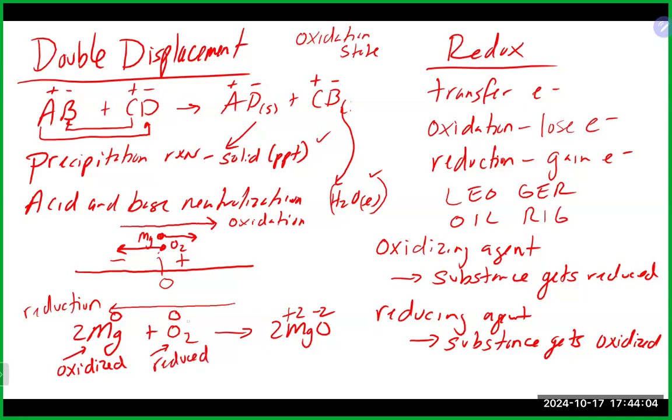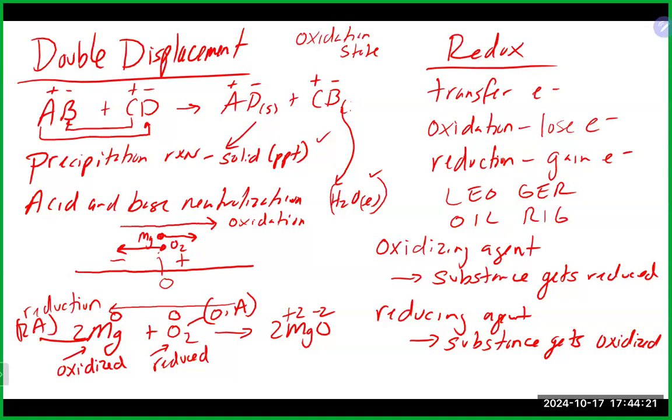That would mean in this example, our O2 is our oxidizing agent, as that is the substance being reduced. And the magnesium is our reducing agent, as that is the substance that is being oxidized.